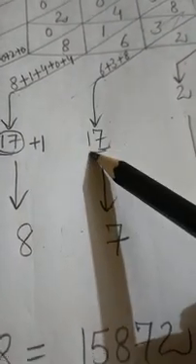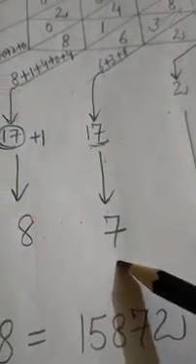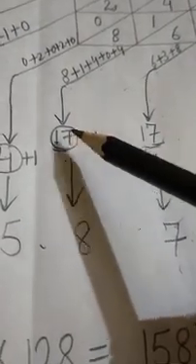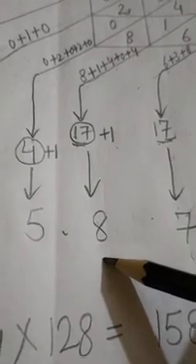So how will we write our answer? Here is 2 only, there is 6 plus 3 plus 8, it becomes 17, but we will write only 7. 1 will be carried to the next digit. Here is 8 plus 1, 9, plus 4, 13, plus 4, 17, and 1 from here, it has become 18. From 18 we will write 8 only and 1 will be carried to the next digit.